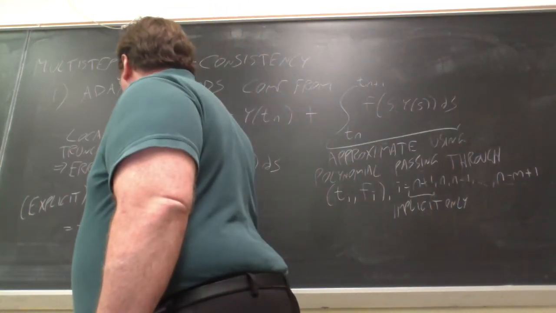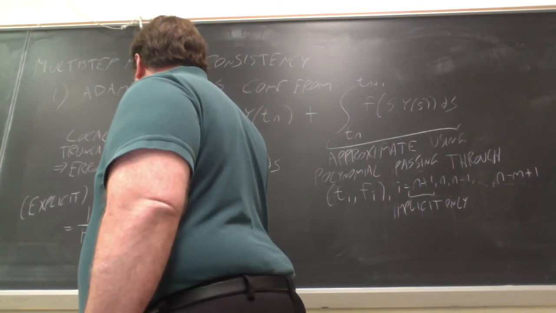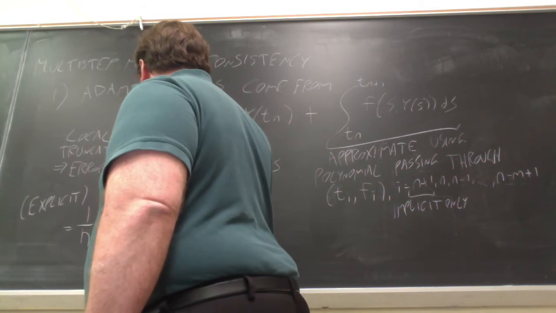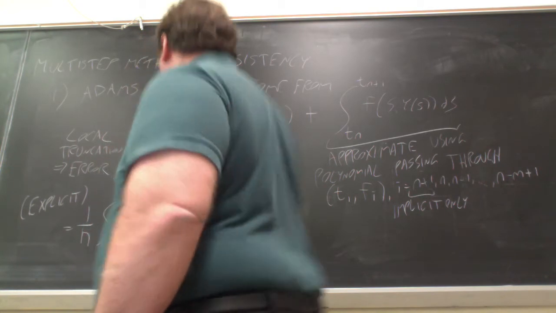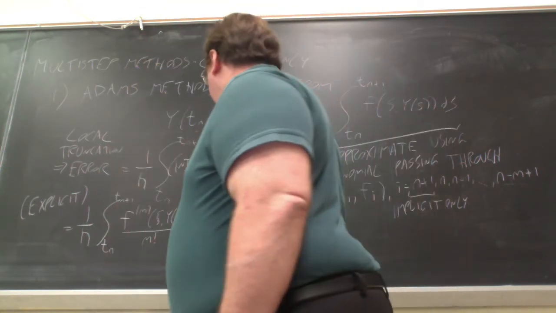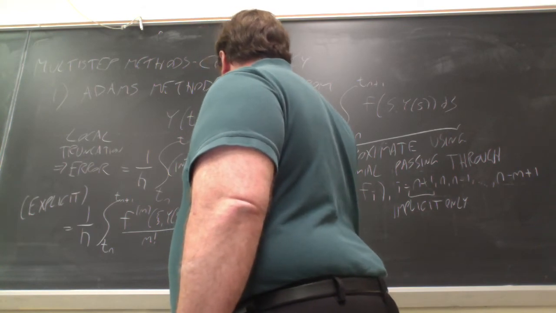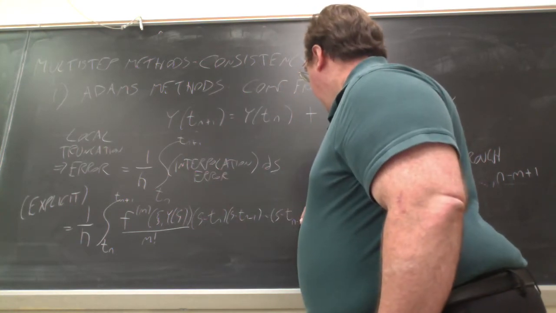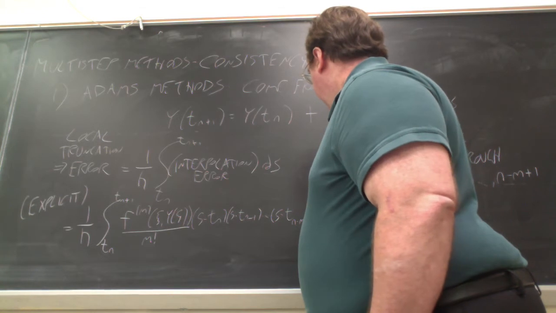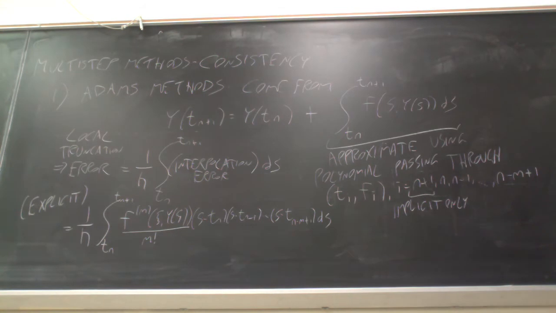What we have is the nth derivative of f evaluated at some unknown point, squiggle, that's a time value, over n factorial, and then we have s minus tn, s minus tn minus 1, all the way to the last time value that we used, s minus tn minus m plus 1. So the integral of all that would give you the local truncation error.